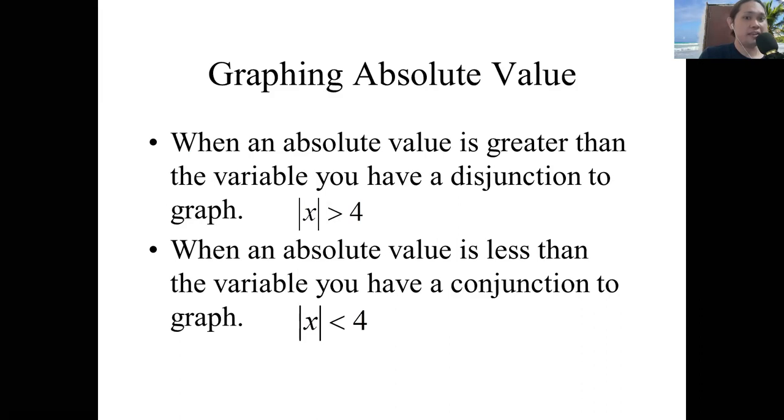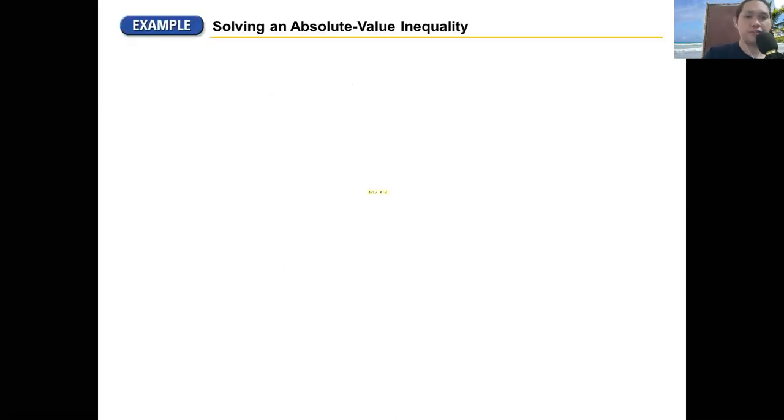When an absolute value is less than the variable, you have a conjunction to graph. Meaning to say, there are values that will meet. That's what we call conjunction. Example, the absolute value of x less than 4. Later, I will explain that one again to show how disjunction and conjunction of graphs go.